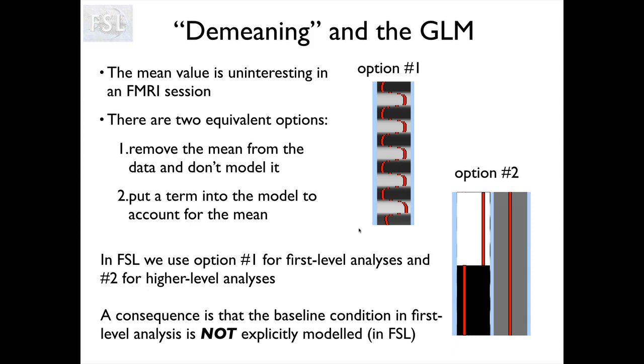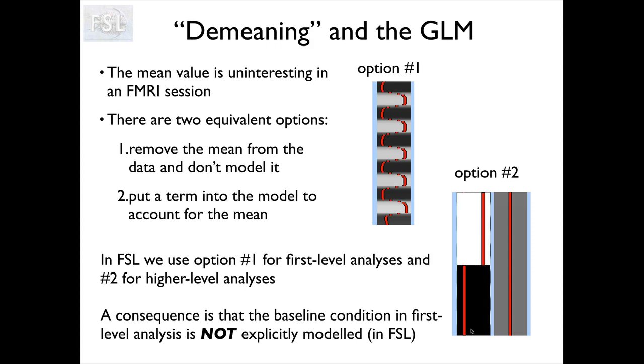Now, I'm saying that the mean is uninteresting at the first level when we're modeling time series. At the second level, you haven't come across it yet, but there will be a talk about second level modeling as well. There, the mean is interesting. So, for example, this is a model where you have two different groups. This could be healthy volunteers, this could be patients of some sort.